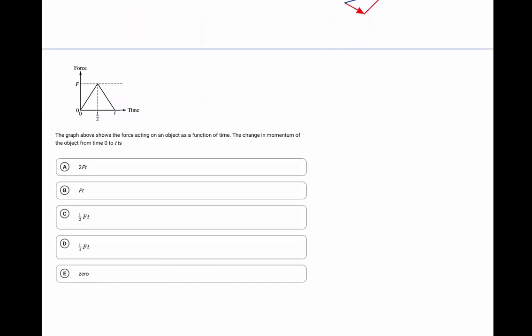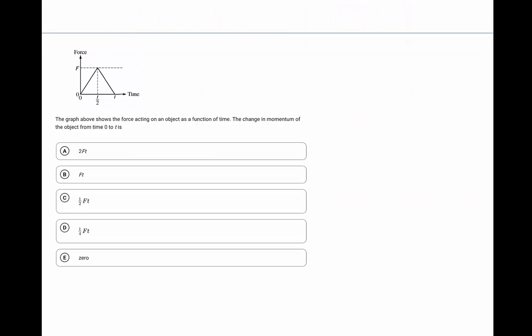We can continue on the next question, where we need to calculate the change of momentum from 0 to t. We remember that the change of momentum we can find from mv final minus mv initial, but since we don't have this as a given, maybe we'll need to say that the change of momentum is equal to the impulse, and one way to find the impulse is to multiply force times delta t.